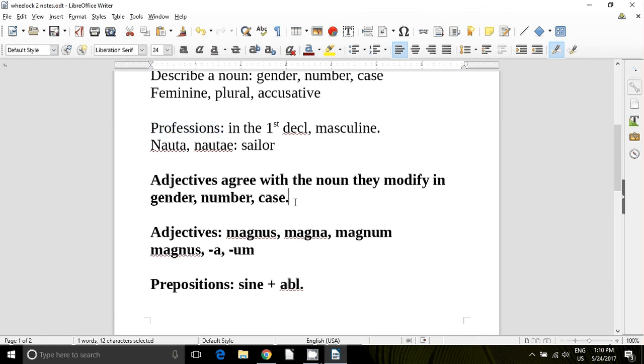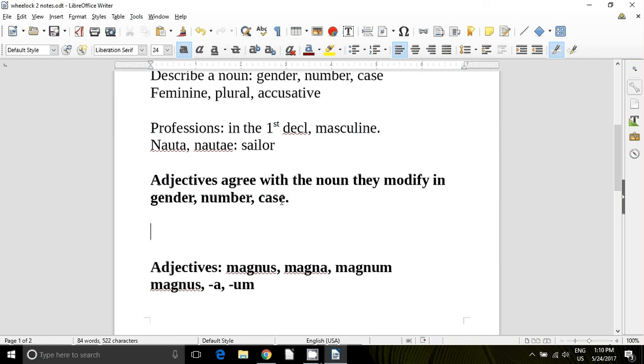Adjectives. When we add adjectives, they have endings just like nouns. We'll spend some more time on adjectives later. But for now, I want you to learn already this simple rule that adjectives agree with the noun they modify in gender, number, and case. So here's an example of an adjective: magnus, magna, magnum. And so if I wanted to say a large gate, I would say porta magna.